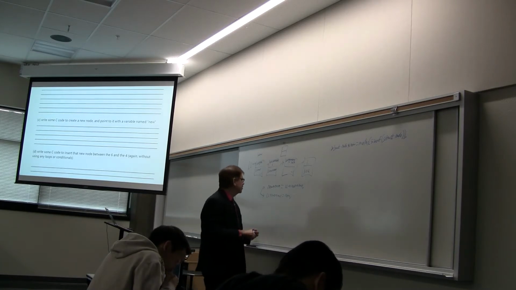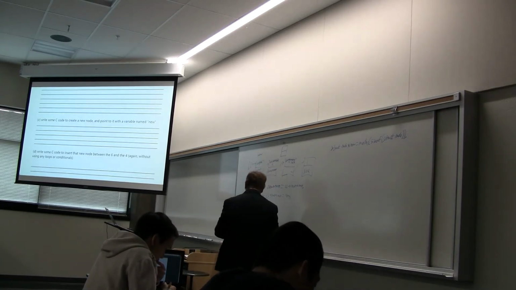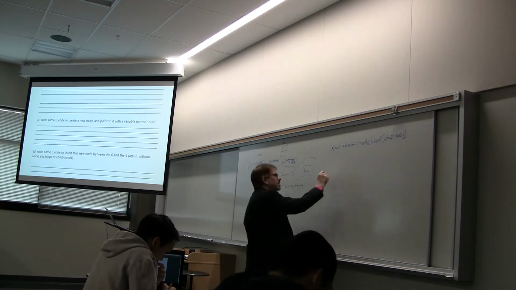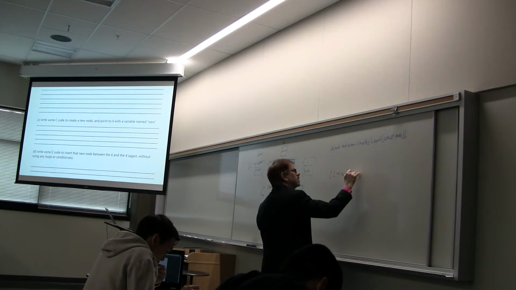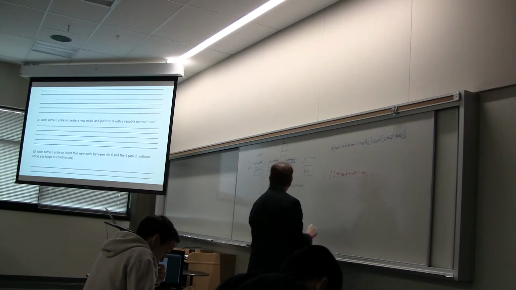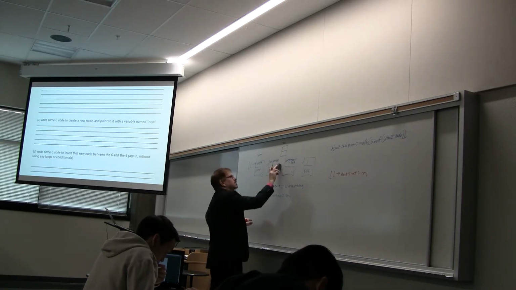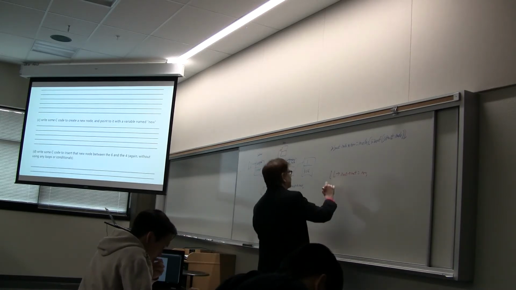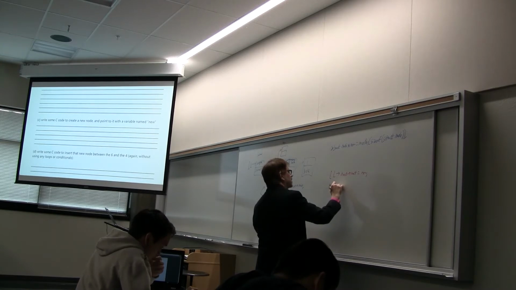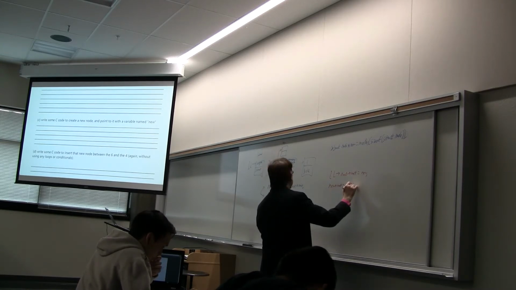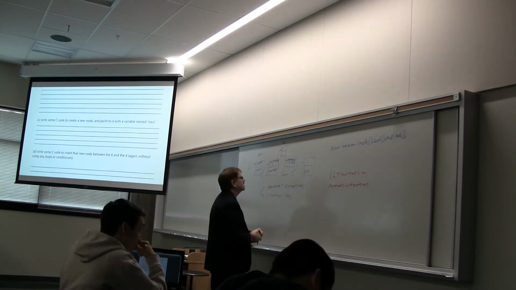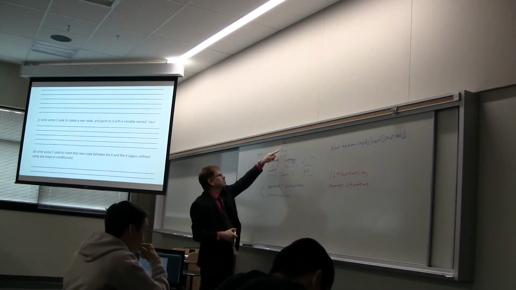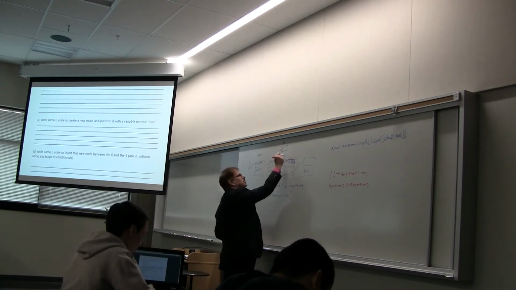Because if the first thing I do is, let me do this in red, if the first thing I do is LL next next equals new, that changes this to point to my new node. And then if I do this first statement, new arrow next equals LL next next, that's saying take LL next next, which is a pointer to this, and set new to point to that.